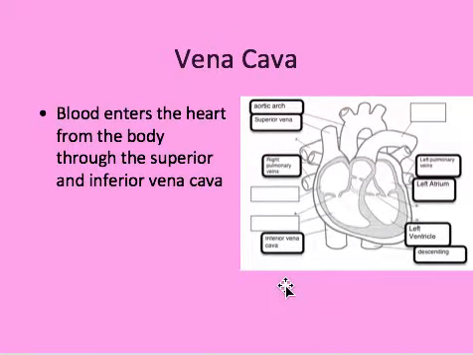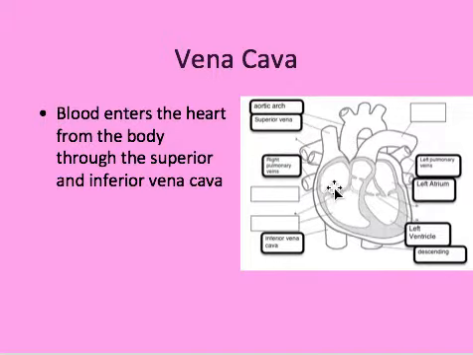All right, so talking about the vena cava here and here. The superior and the inferior vena cava bring blood into the right atrium. Where are we going here? Sorry. Guess I'll just tell you, huh?